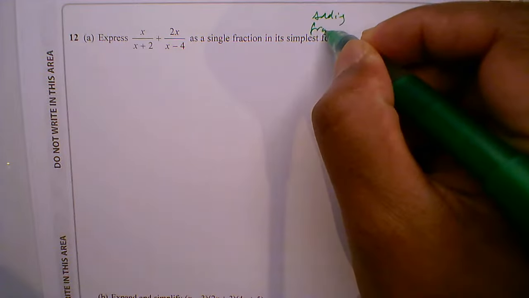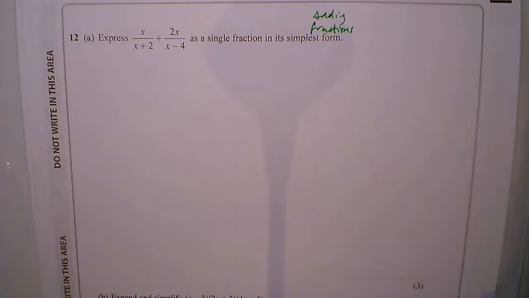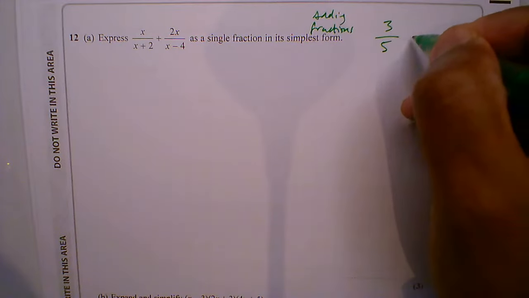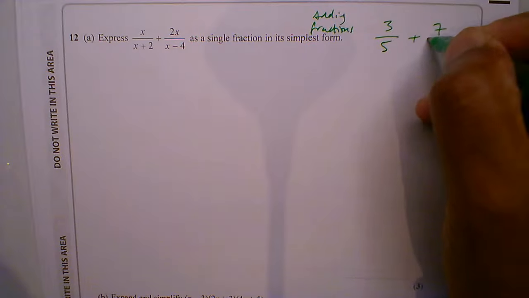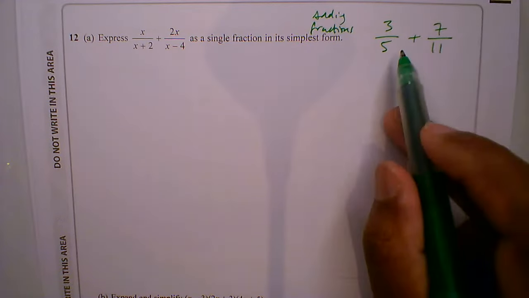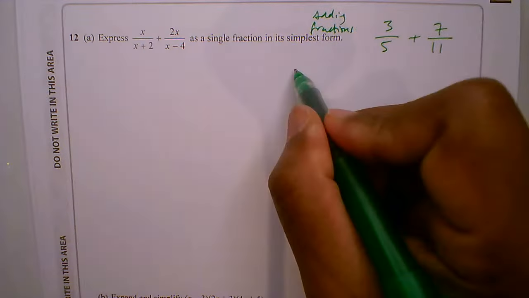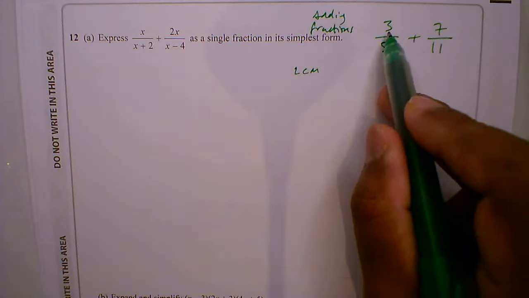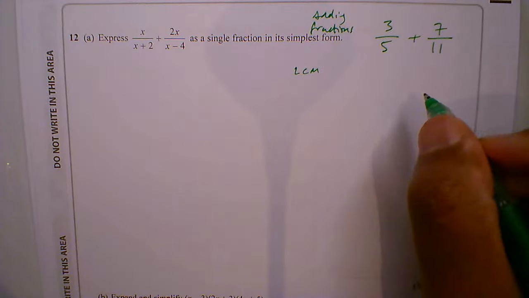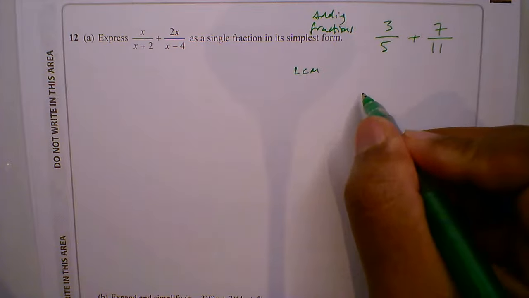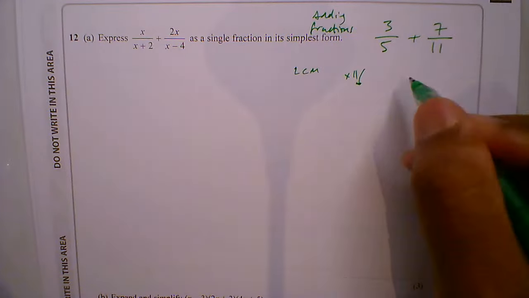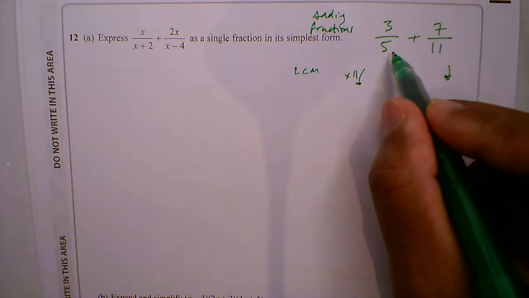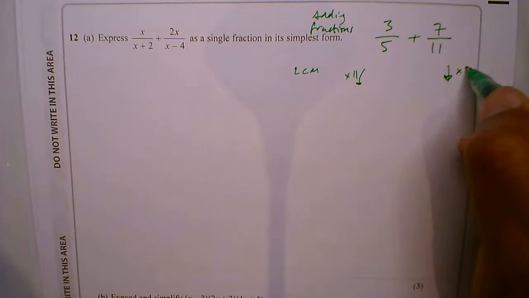So let's see how we add fractions. Let me make up some numbers, using some prime numbers: 3 over 5 plus 7 over 11. We look for the LCM. So we would multiply the first fraction by 11, and we multiply the second fraction by the denominator of the first one, so we multiply it by 5.